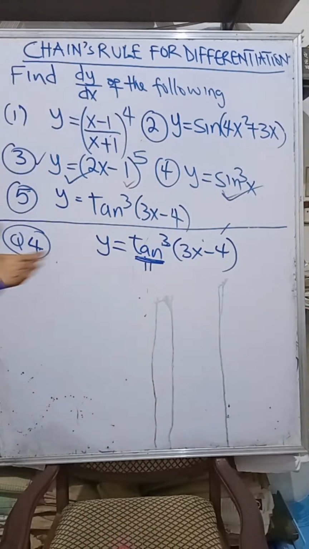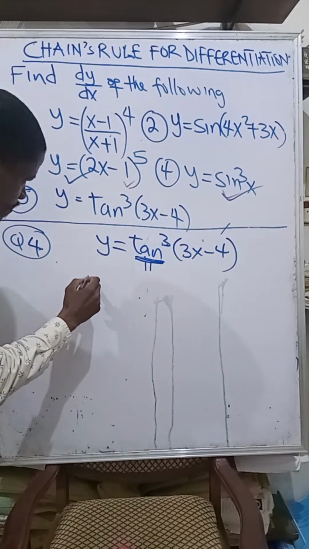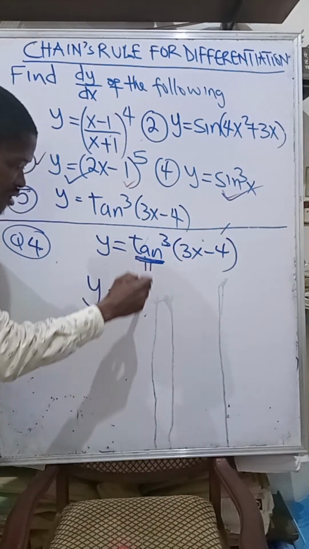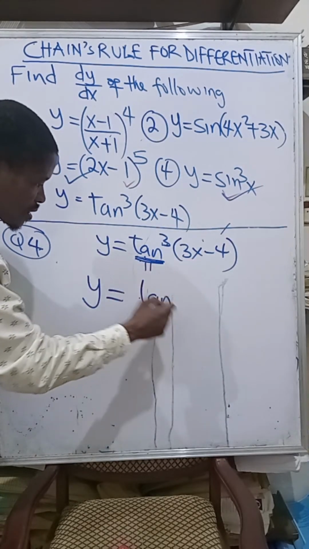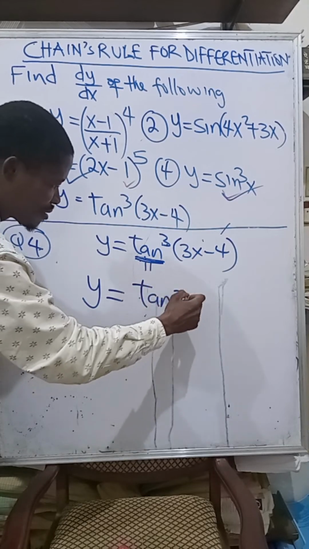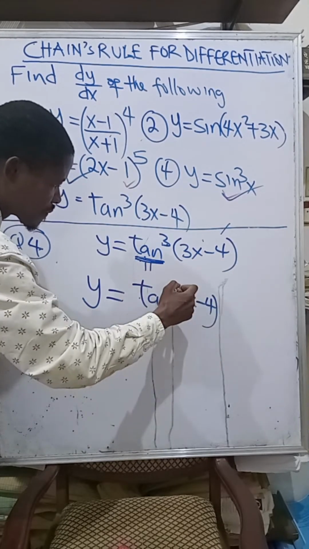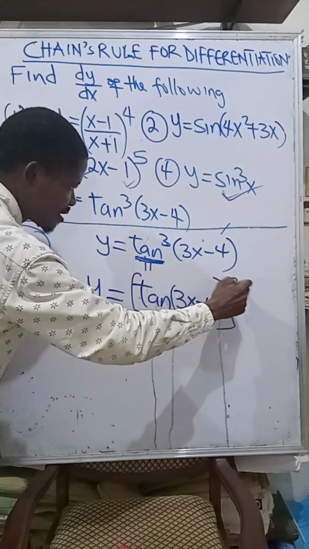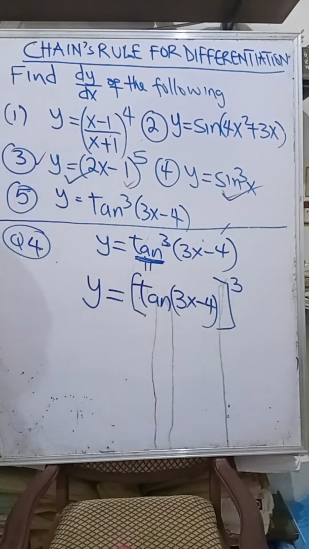Another way we can solve it is to rewrite this question in this form: 3x minus 4, all to the power 3. That's the first step.